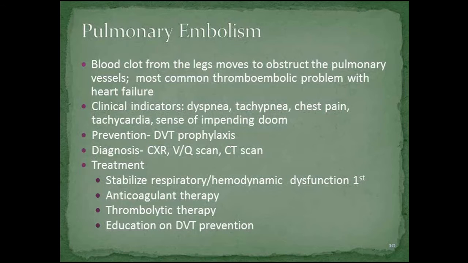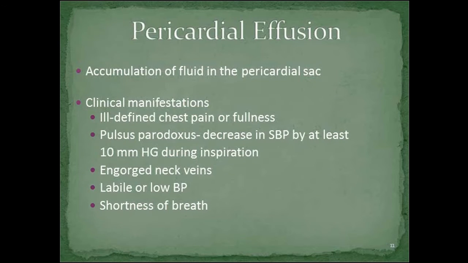And then, of course, prevention is always best. We've got to educate them on prevention of future DVTs, because with a bad heart, with poor contractility, they're always going to be at risk. Pericardial effusion, we've already kind of talked about that too. That's just an accumulation of fluid in the pericardial sac.